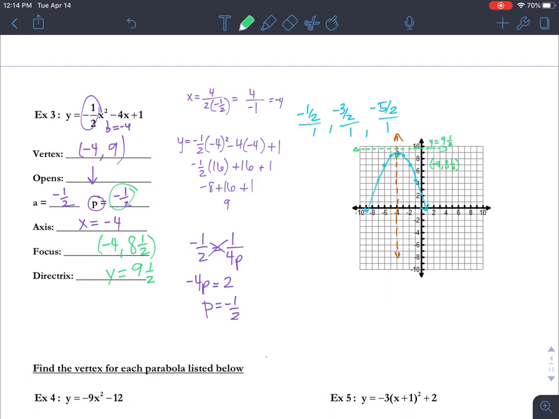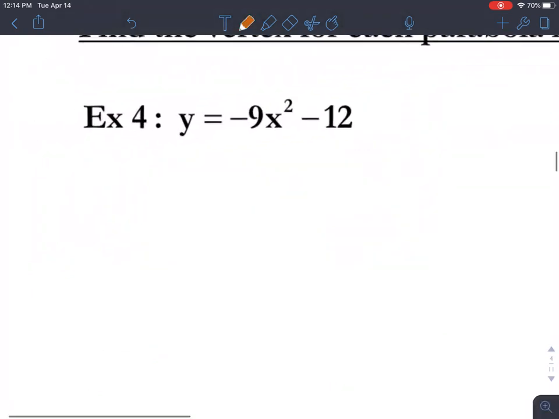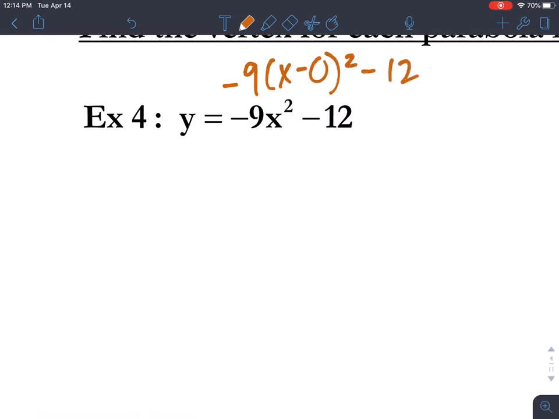All right, so for examples 4 through 6, we're not going to do all of them, but I just wanted to point out a couple things. If you look at examples 4 and 5, it says find the vertex. What I want you to notice is that technically, let's say I wrote it a little differently, this is kind of in vertex form, right? In a sense. So 0, -12 is my vertex.